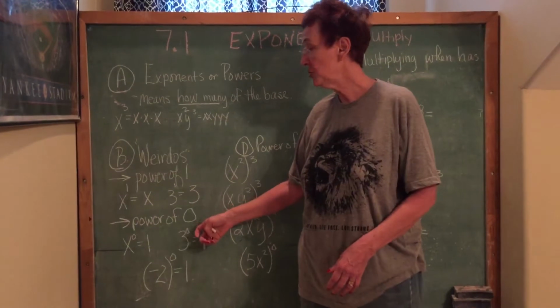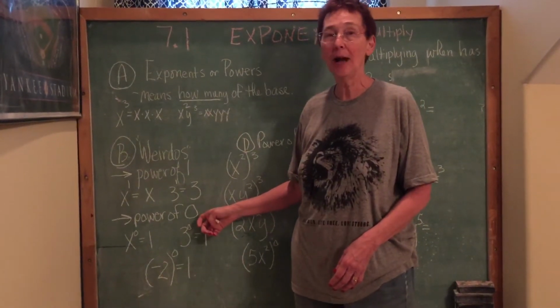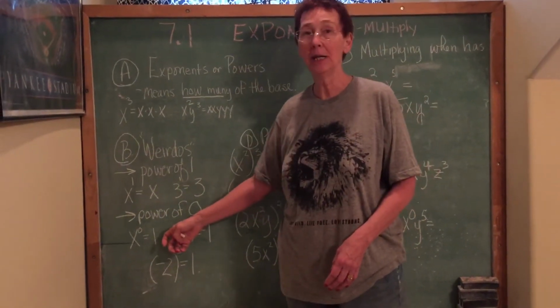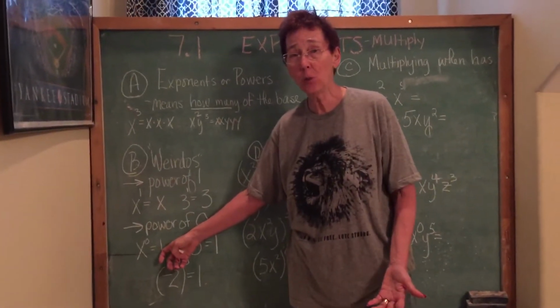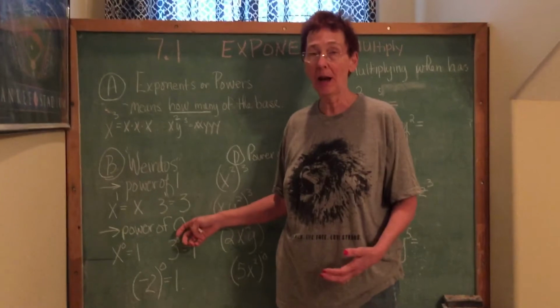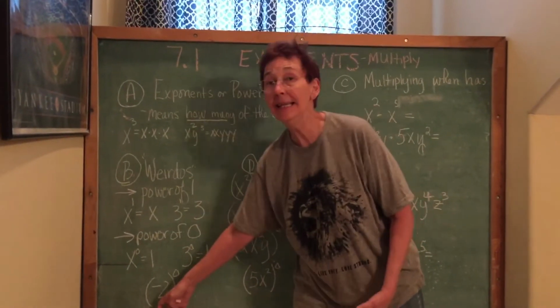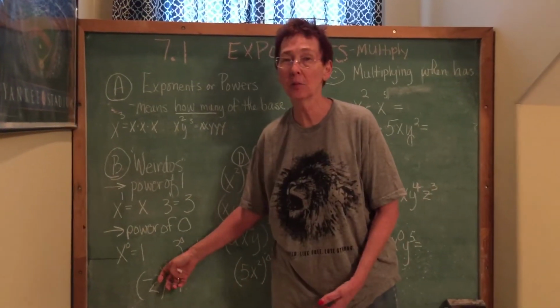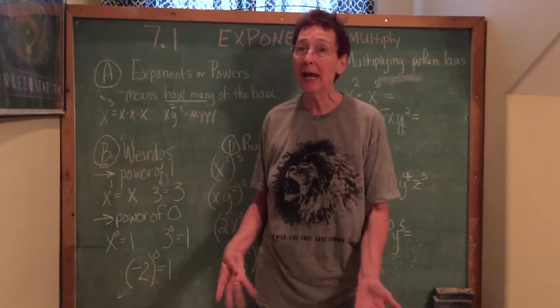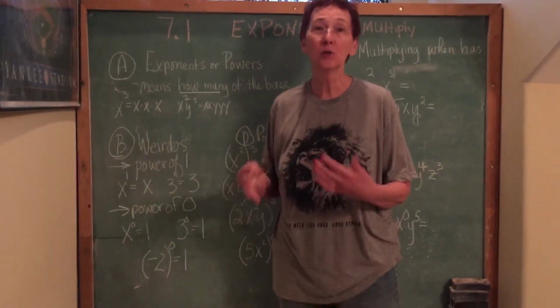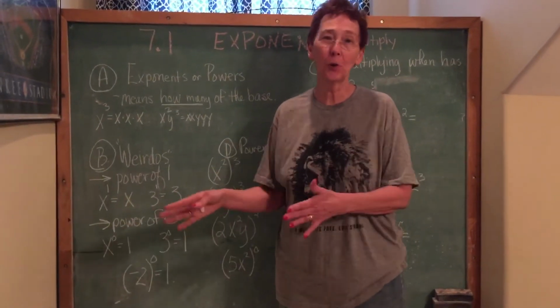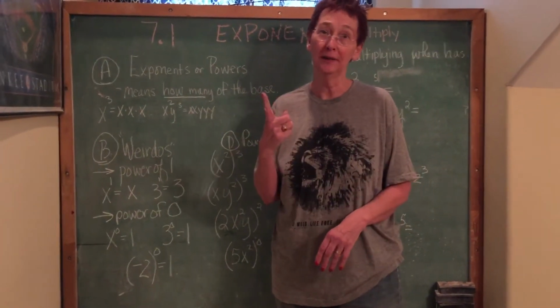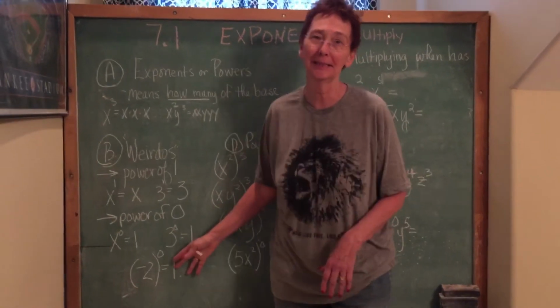So by definition, anything to a power of 0 is going to be 1. x to the 0 power is 1. 3 to the 0 power is 1. Negative 2 to the 0 power is 1. Bananas to the 0 power is 1. Anything that's got a power of 0 is just going to be equal to the number 1. So remember that as you simplify these, okay?